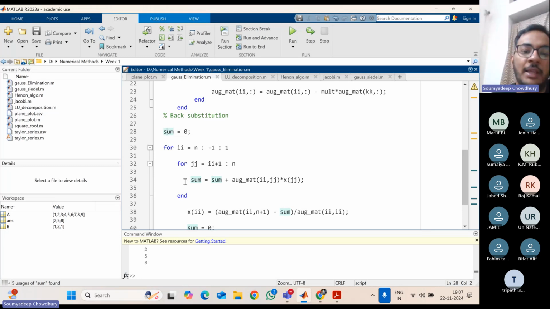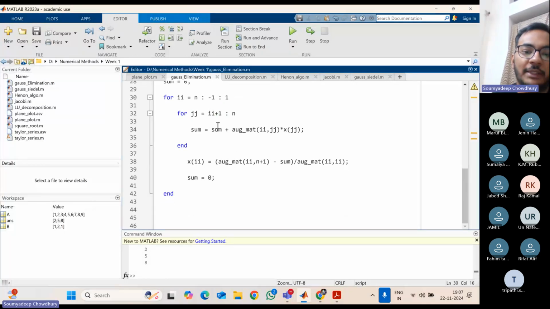I'm initializing it. And in the backward direction we are going, see, i equals n to 1 with minus 1, that basically represents the decrement. That is, we are starting from the third row, reducing by 1, and going till the first row. Again, you have this inner loop for the column and we find the sum here.